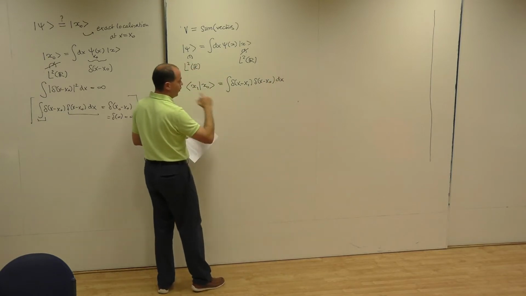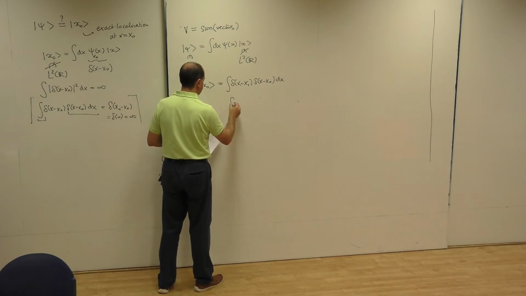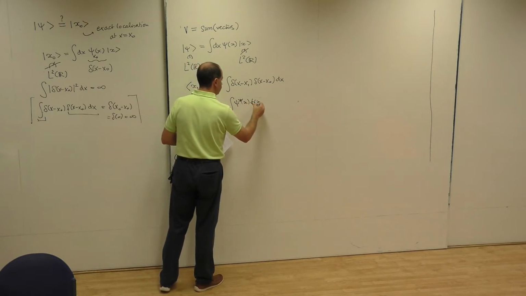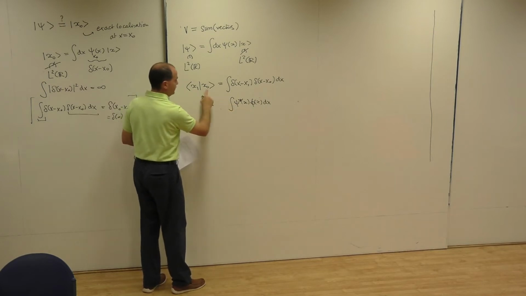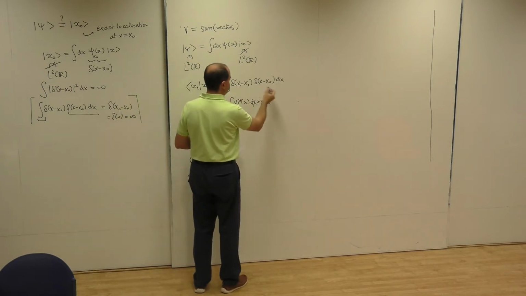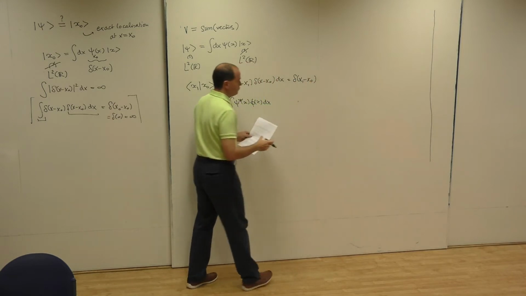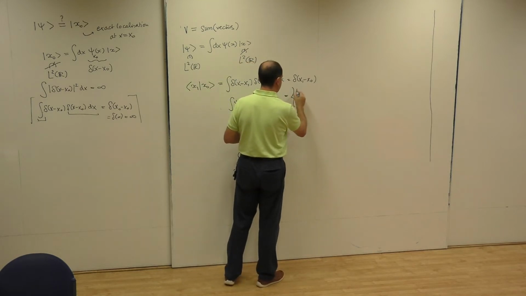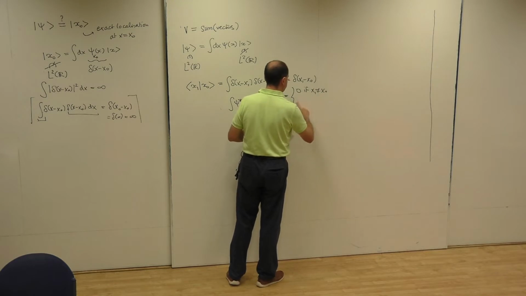The generic formula is the one I wrote before, the integral of psi star of x, phi of x dx. Psi is x1, phi is x0. And what is this? Well, this is delta of x1 minus x0. So it is 0 if x1 is different from x0.